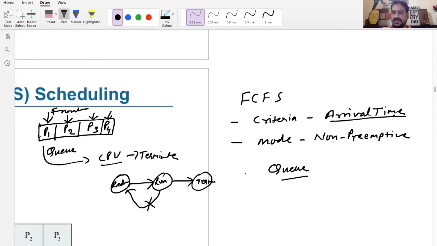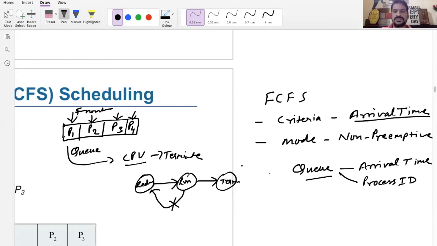The queue of the processes will be arranged based on arrival time. But if the arrival time is the same, we have to pick up the process ID, and based on the process ID, we make sure which will come first and which will come after that.